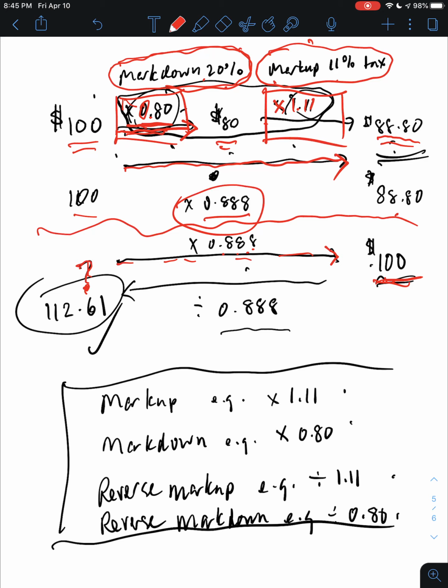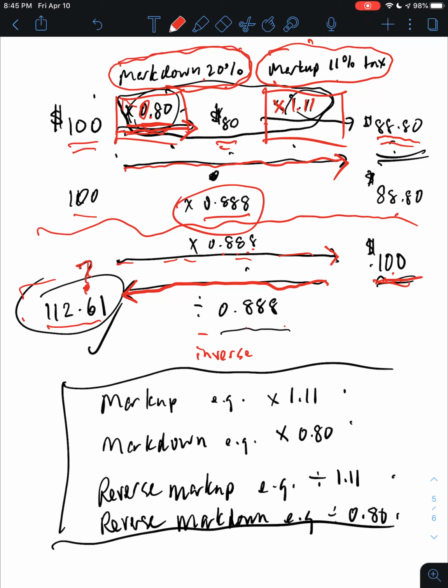So to figure out what this original unknown was, I reverse that process. And the reverse of multiplication is division. That's actually, technically, called an inverse operation. And so I take $100, I divide by 0.888, the magic factor, and I get 112.61.